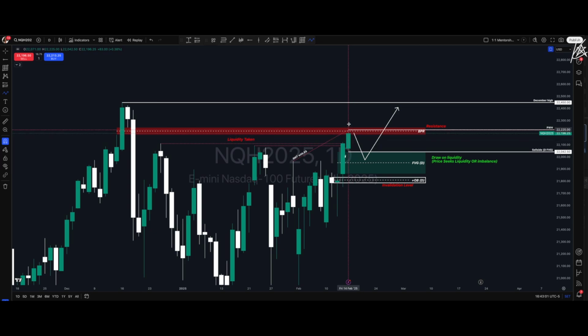And we could just open and go higher. So that is a possibility. We just go higher, we take this, and then we come down. Or we could just keep going. We could gap over this high over here, and we could retest here and keep going. So those are a couple scenarios.